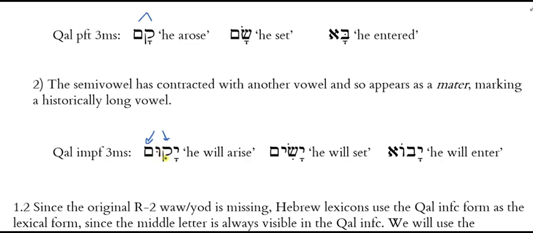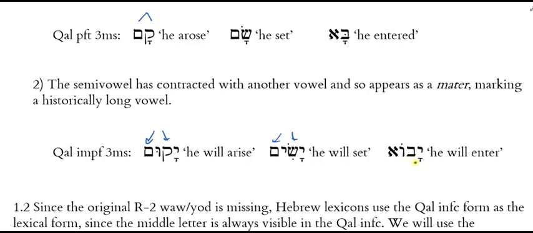This is clearly the mater forming a shureq. Yasim, he will set. Again, here's my two consonants, and in between we see the hireq yod, historically long vowel. So this yod here is a mater. And then yavo, he will enter.